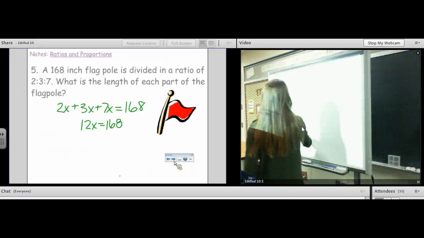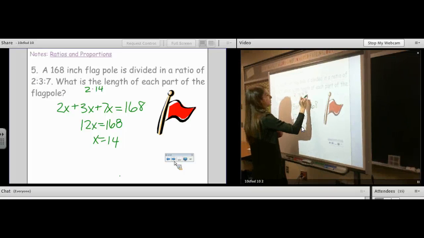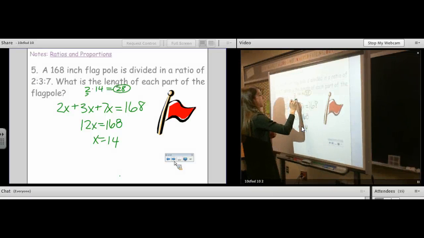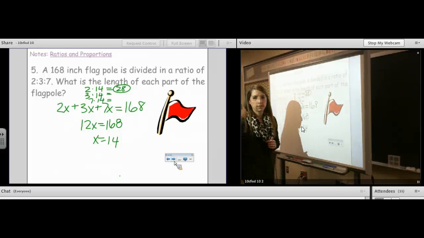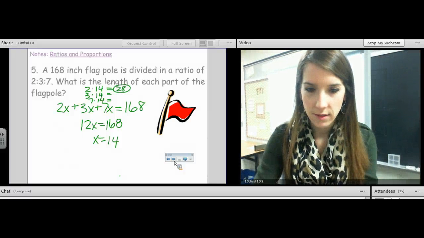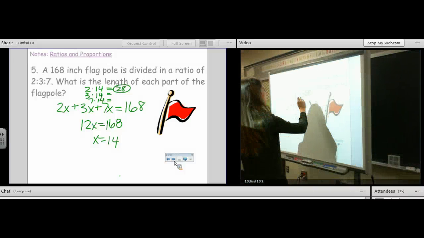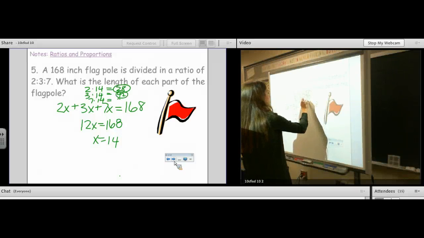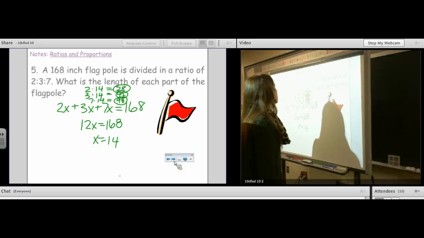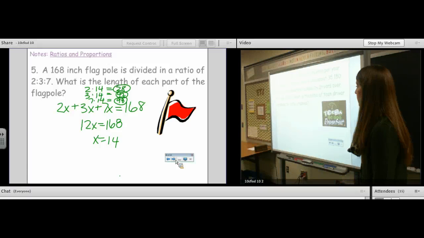So x is 14. And then you just plug it in. 2 times 14. 3 times 14. 7 times 14. Did you get them right? Are you confused? 28, 42, and 98? Okay. Yeah. All right, last one.